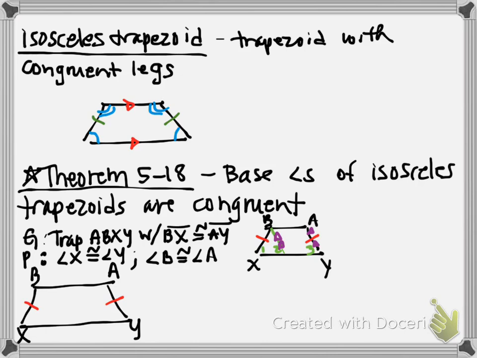Since BX is congruent to AY, then you can, through, I think it was definition of parallelogram, AY is congruent to, never mind. I did not know what I thought. Okay. Well, you're on the right track, actually. Isabel?